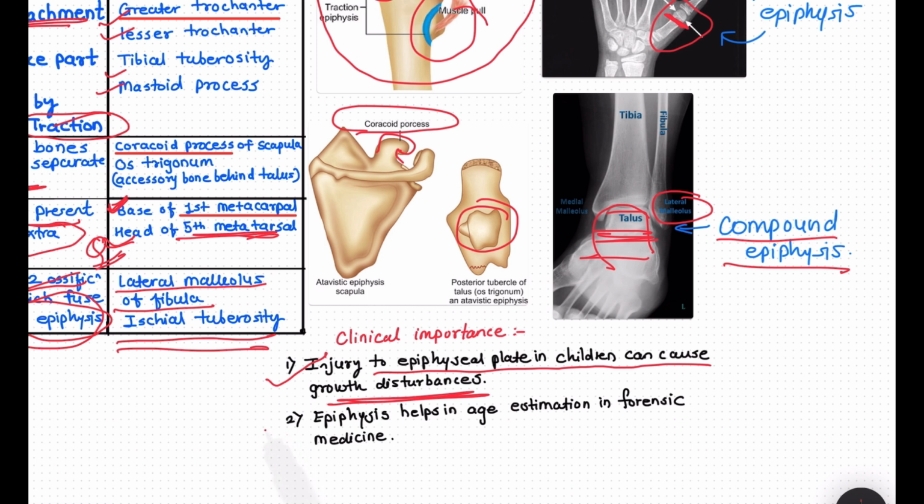Epiphysis also helps in age estimation in forensic medicine, because every bone has an ossification center with a separate timeline. They have different timelines to get ossified, so it is important for age estimation.